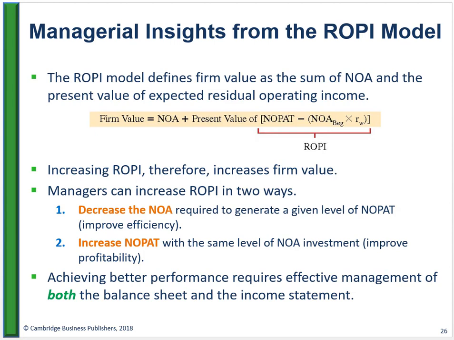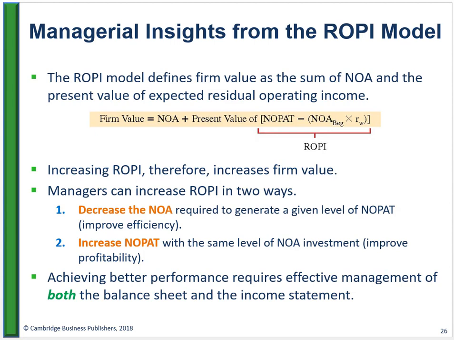Or we can increase the NOPAT number with the same level of assets, which is to improve profitability. So we can look at pricing and turnover and other operating metrics to try to increase that total firm value.